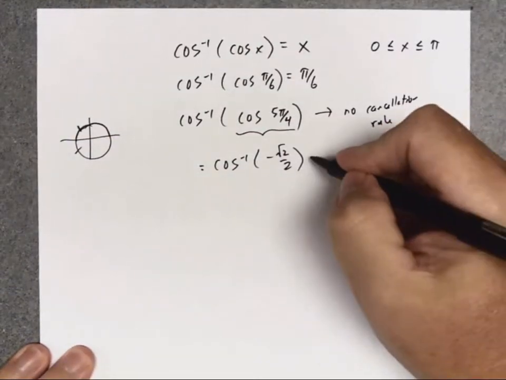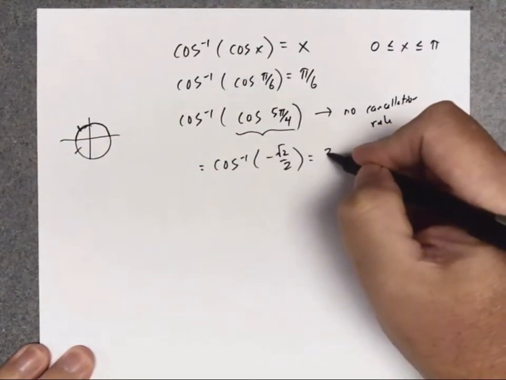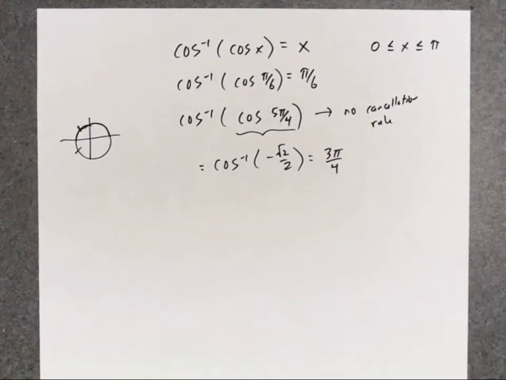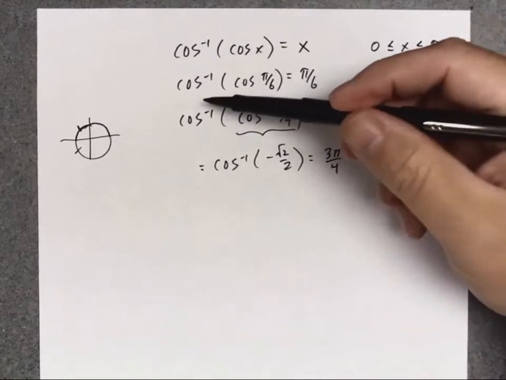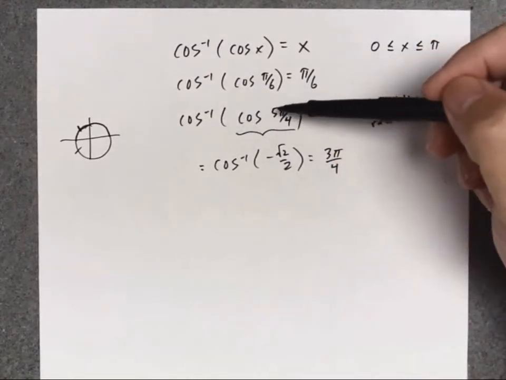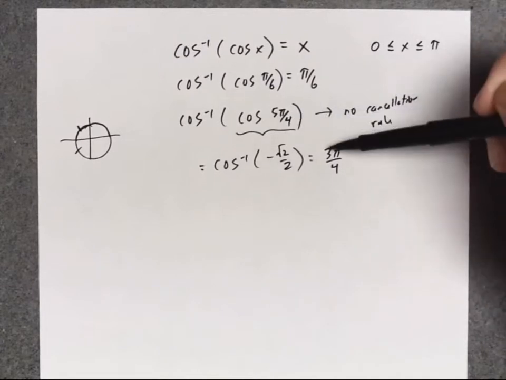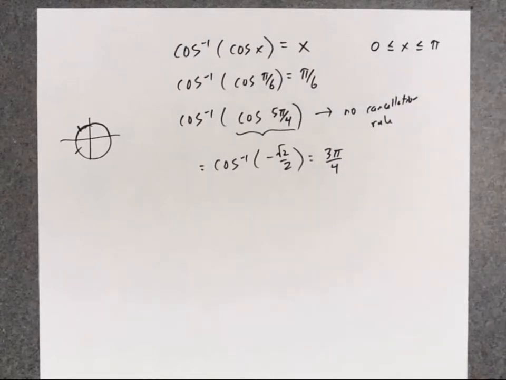Right here. And that angle is 3 pi over 4. So once again, the initial problem, inverse cosine of the cosine of 5 pi over 4, does not equal 5 pi over 4. Instead, it equals 3 pi over 4.